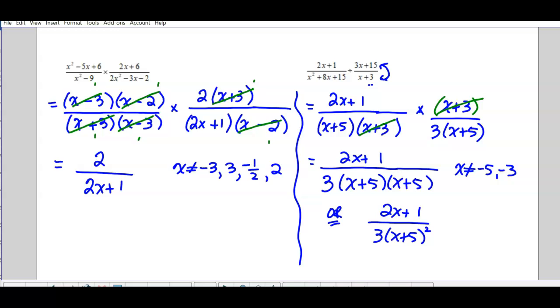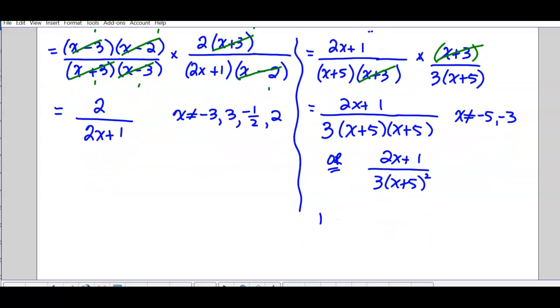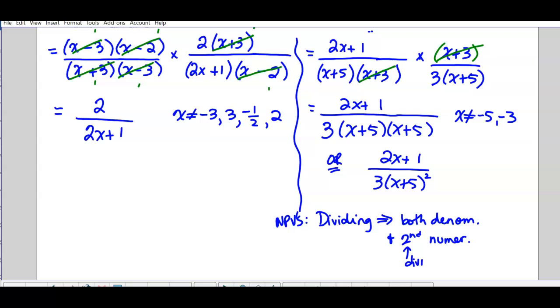So for dividing, for NPVs, you have to look at both denominators and second numerator, which is actually the divisor's numerator.